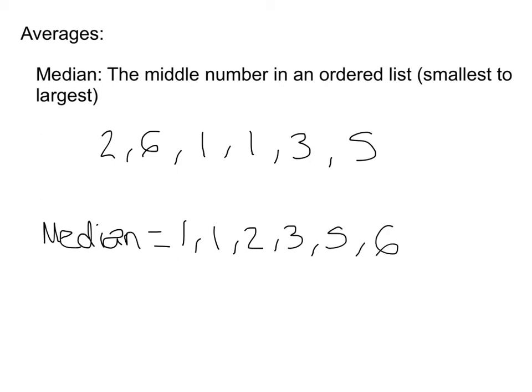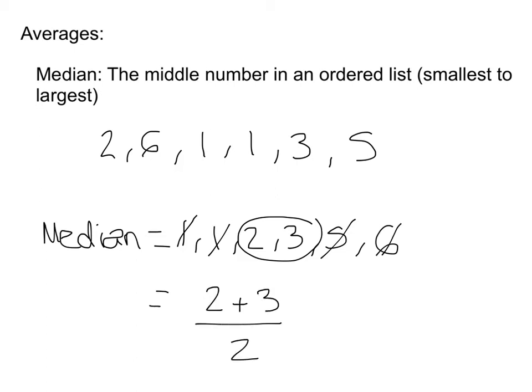Now that I've ordered my list, I am again going to delete numbers from both sides. So I take one of the smallest, one of the largest, the next smallest, and the next largest. But this time, you'll notice I'm left with 2 numbers in the middle. Now if this happens, what I need to do is add those 2 numbers together and divide by 2 to find the number which is halfway in between. And in this case, 2 plus 3 is 5, and 5 divided by 2 is 2.5.